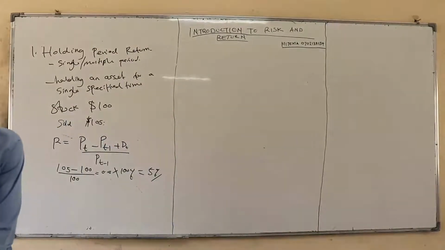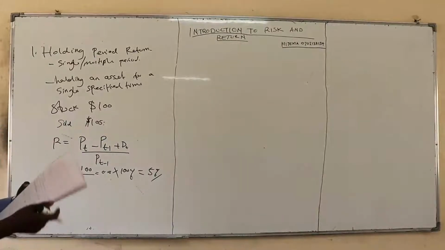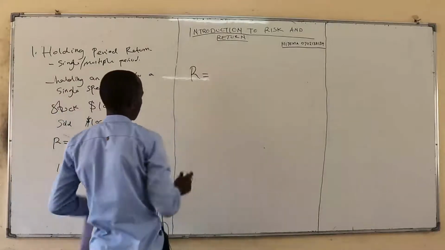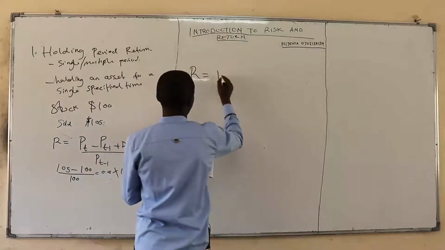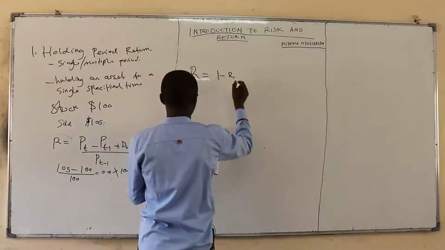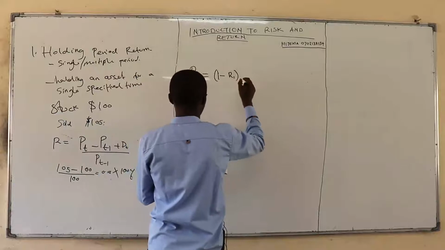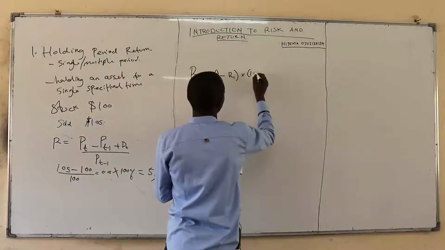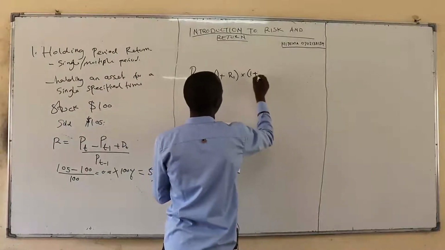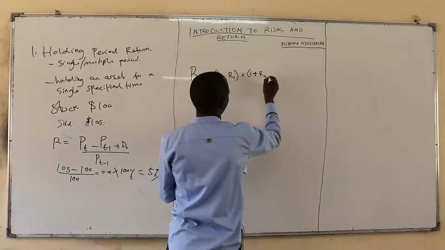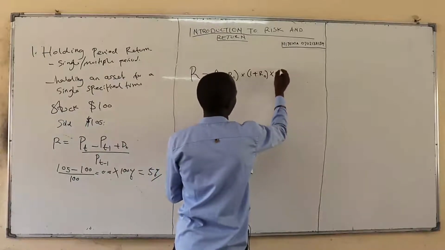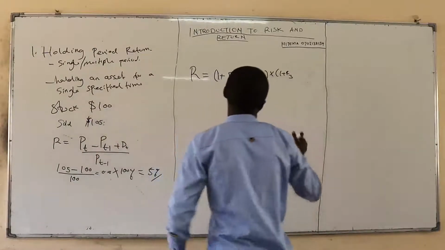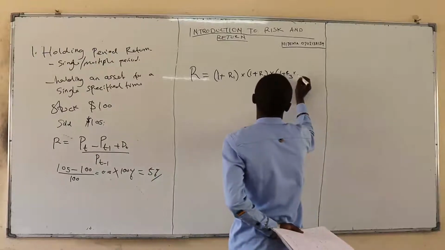The return would be equal to (1 plus R1) times (1 plus R2) times (1 plus R3), minus 1.